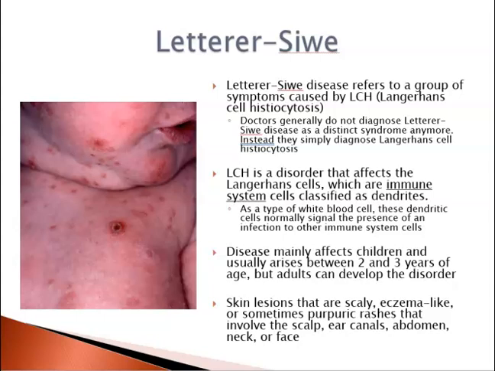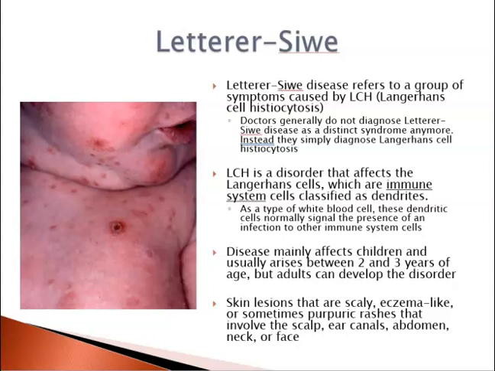As a type of white blood cells, these dendritic cells normally signal the presence of infection to other parts of the immune system. Letterer-Siwe disease usually affects children, and it usually arises between 2 to 3 years of age, but adults can develop the disorder. It's just not as common in adults.